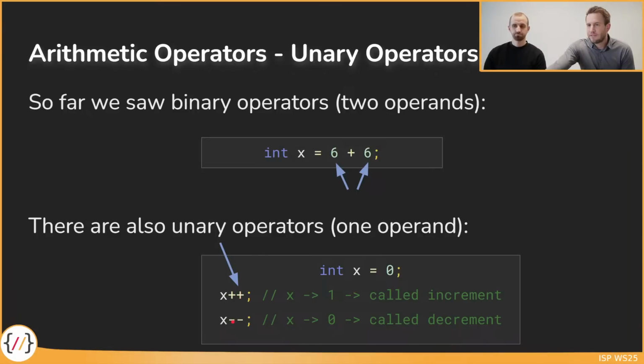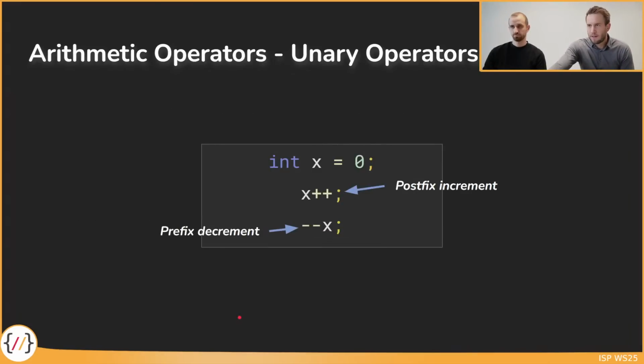And then we have the same for minus minus. It's a decrement which reduces the value by 1. So after this operation, it's changed from 1 to 0 again. So increment and decrement, always raising or decreasing by 1. But we have two different types of increments and decrements.